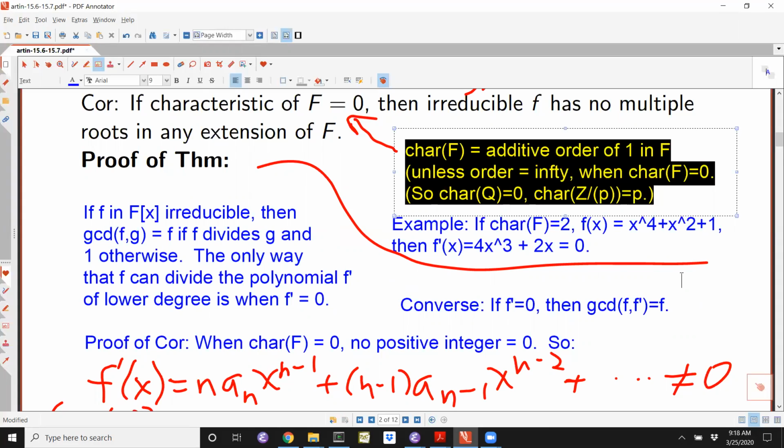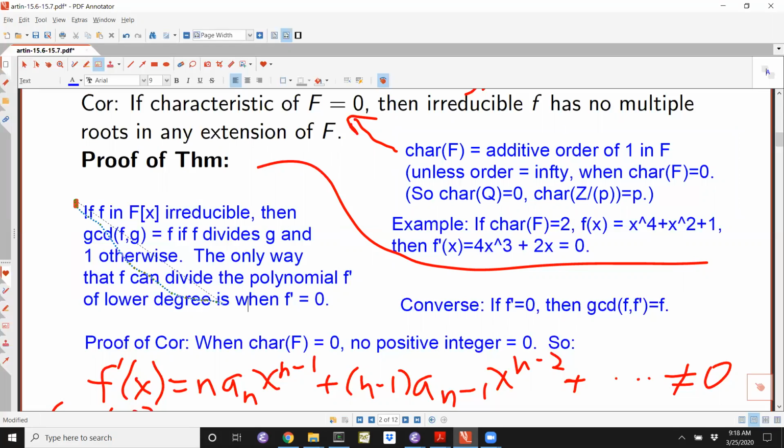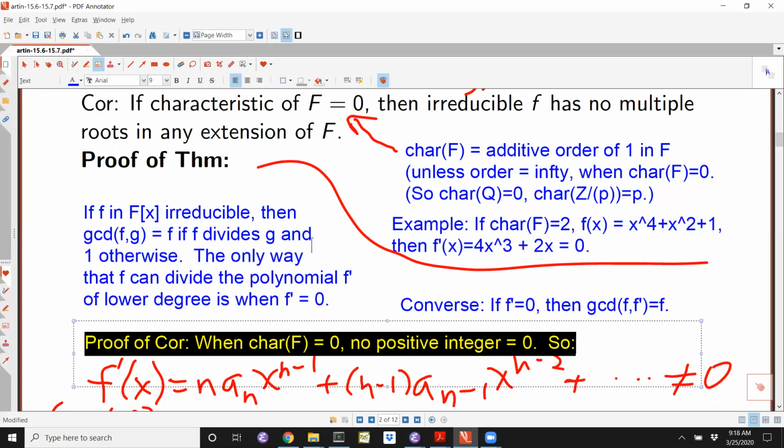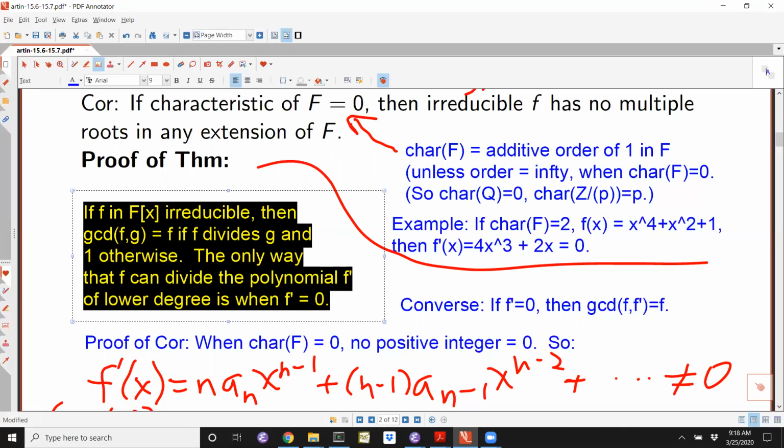Does that make sense? Ravi, does that make sense? Okay, still processing. Right, so in the first half here, we showed that if you have multiple roots, then you must have f prime equals 0.